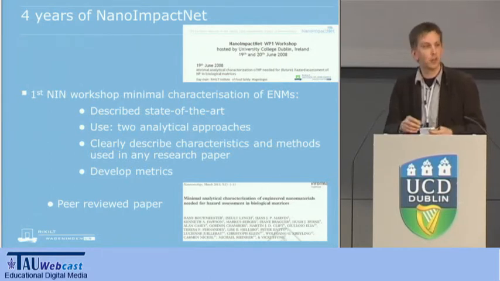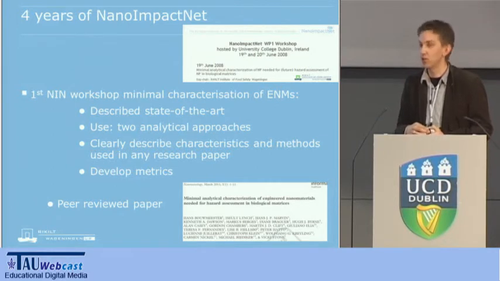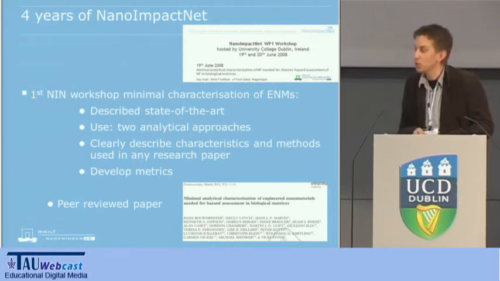And I think another important recommendation was that in any paper you publish on nanotoxicology, you should clearly describe the characteristics of your particles and the methods you used. And this, I think, you see nowadays more and more coming in papers, but it's overly clear that this is very important if you want others to understand what you've done and to reproduce your work.